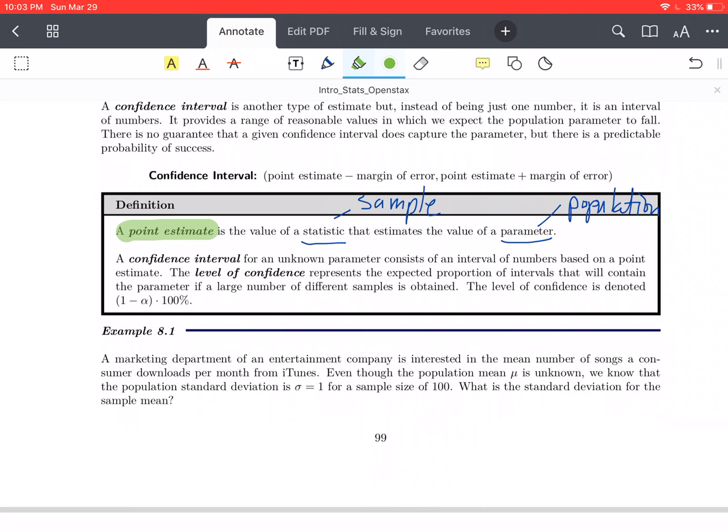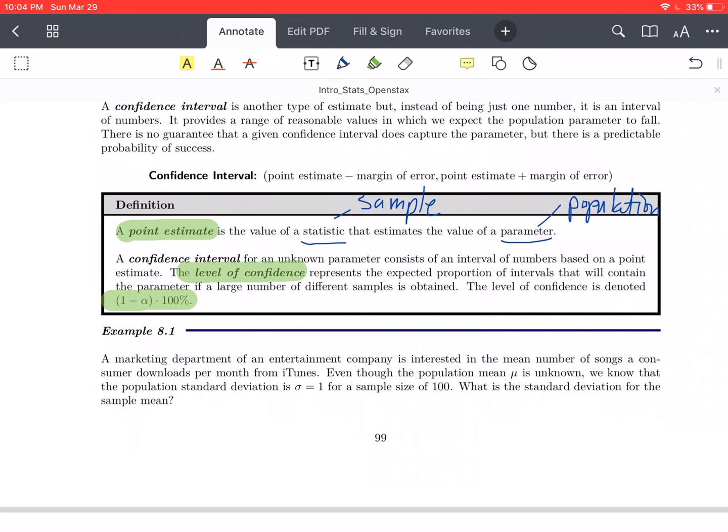So a confidence interval for an unknown parameter consists of an interval of numbers based on a point estimate. The level of confidence represents the expected proportion of intervals that will contain the parameter if a large number of different samples is obtained, and this is how we find our confidence interval. All of that is just to say, based on our point estimate, our approximation based on a sample, how close do we think that is?